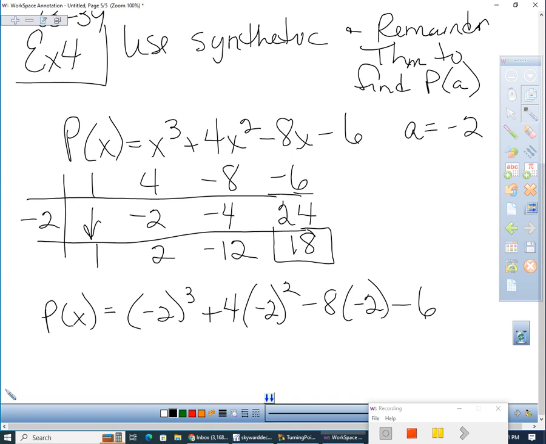You can type that in your calculator. You can do it in your head, whichever is easier for you. This is negative 8, plus 16, plus 16, minus 6. And 16 is 32. Yeah, gives you 18.